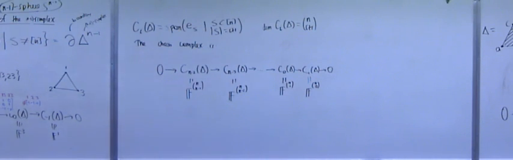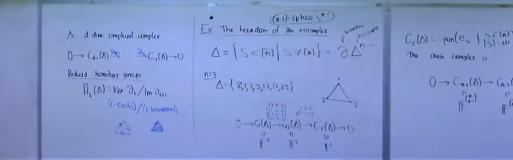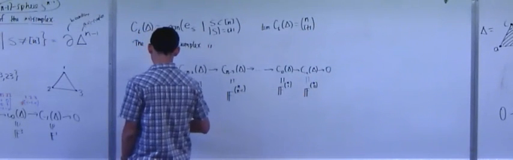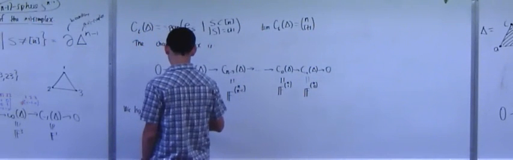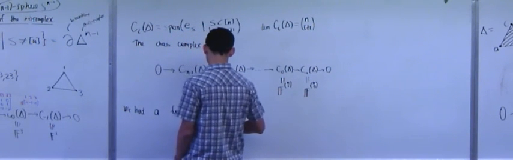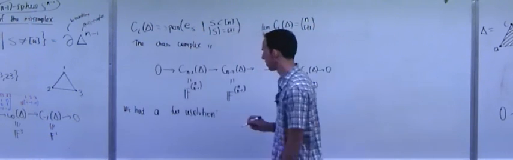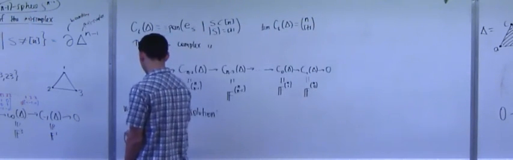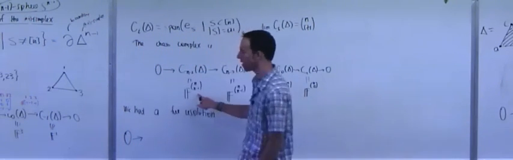So this is where I have to kind of ask you to recall that we had a very similar chain complex in syzygy land. We had a free resolution like this. It looked very similar, except that if you remember, it didn't stop at n minus 1.